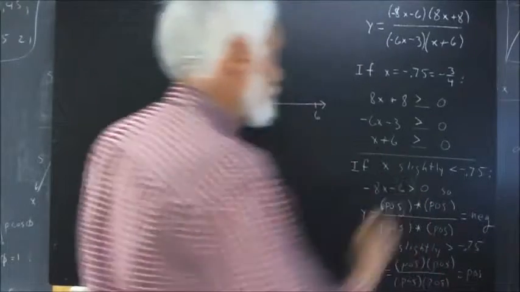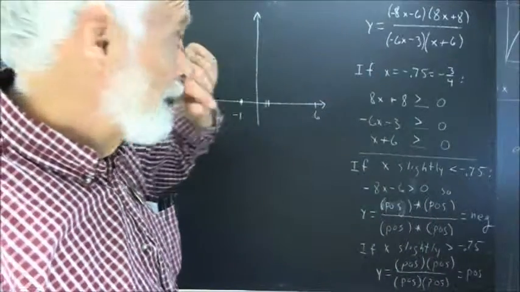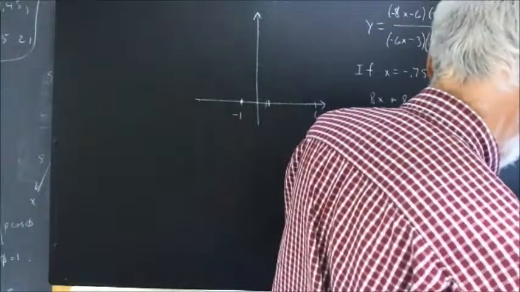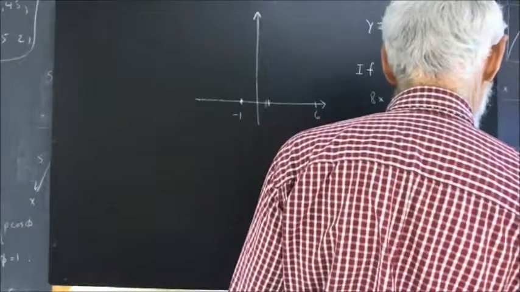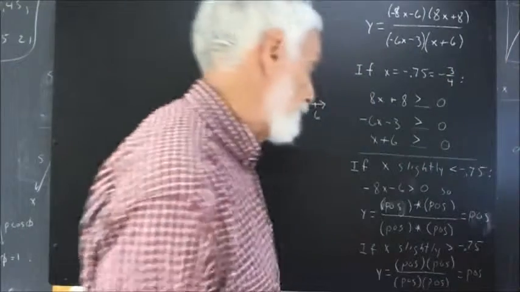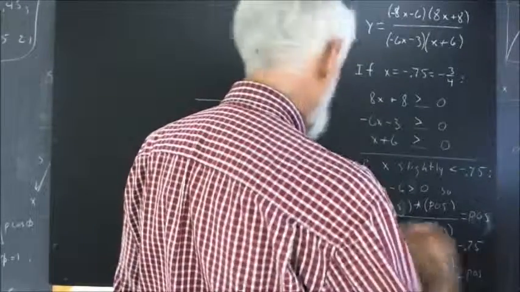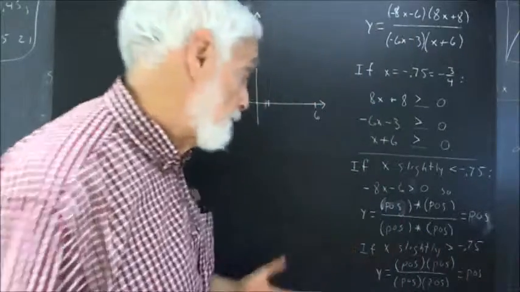As I said, I did this whole video a minute ago, and I forgot to copy the negative on the 8. So I'm going to have to change this result to positive, because of course you've got a positive times a positive divided by a positive times a positive. Everything's positive.